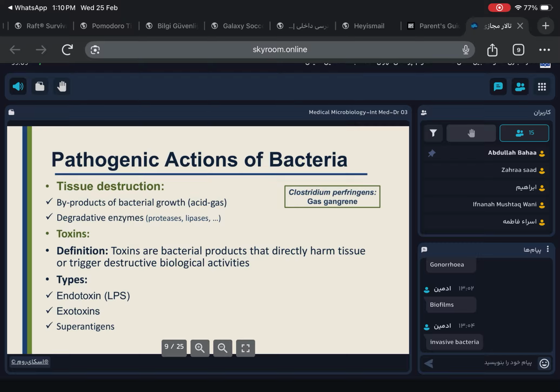You already know some facts about endotoxin or LPS. What do you know about endotoxin?